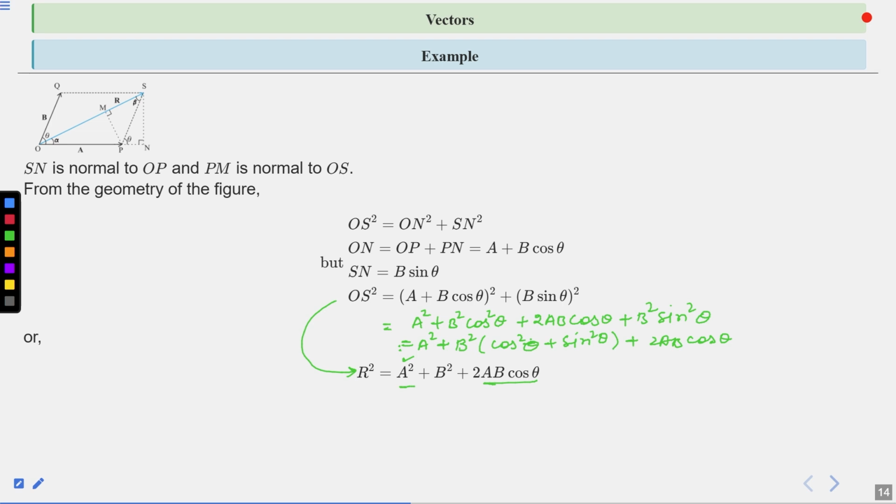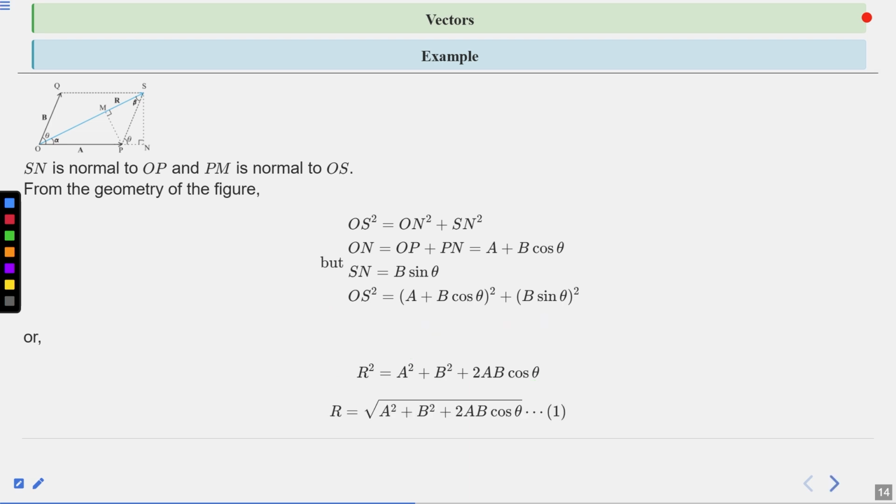So it will be A square plus B square plus 2AB cos theta. Now I hope this is clear. So R is equal to the square root of A square plus B square plus 2AB cos theta. Let this be equation first.